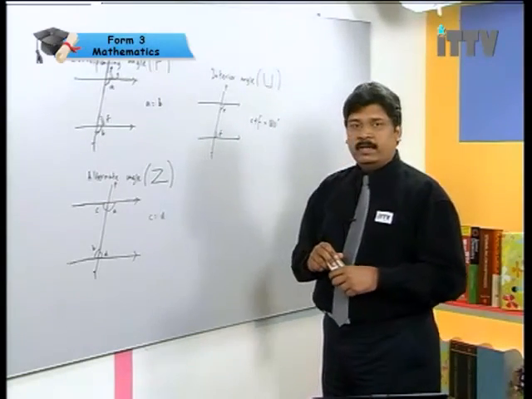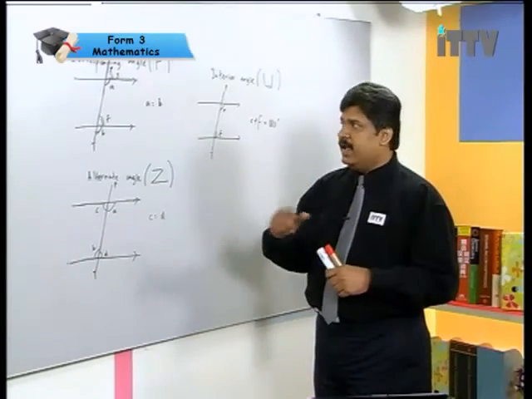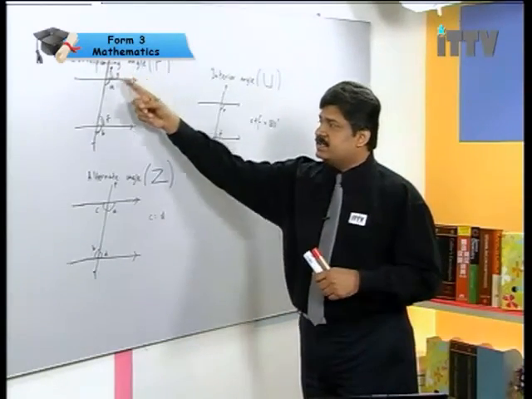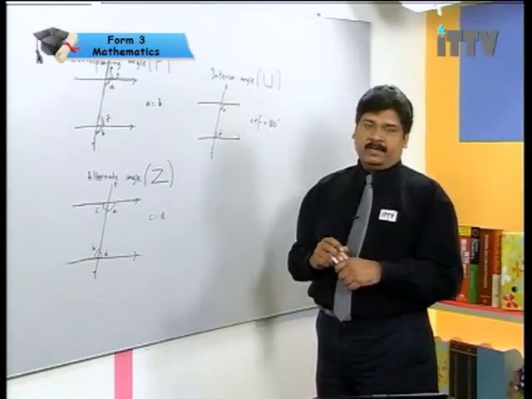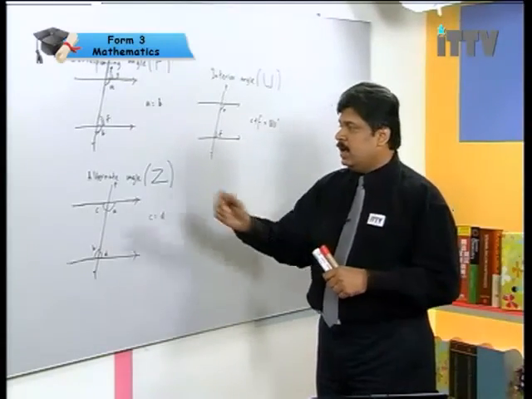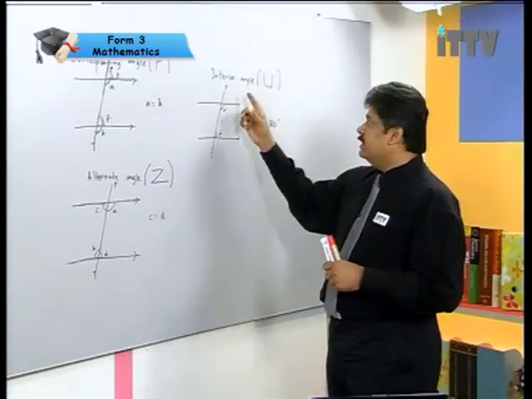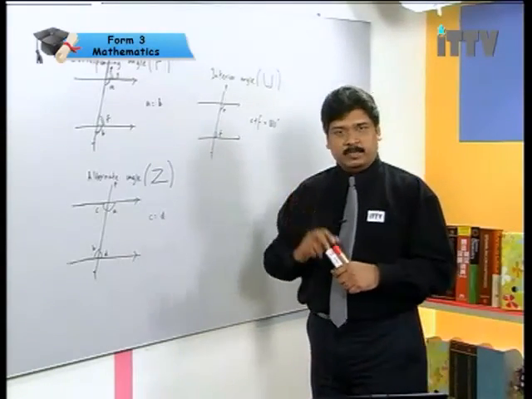The next point here is, what are the types of angles created by a transversal when it cuts two or more parallel lines? This is where the concepts of corresponding angles, alternate angles, and finally interior angles come into play. That's point number 2.